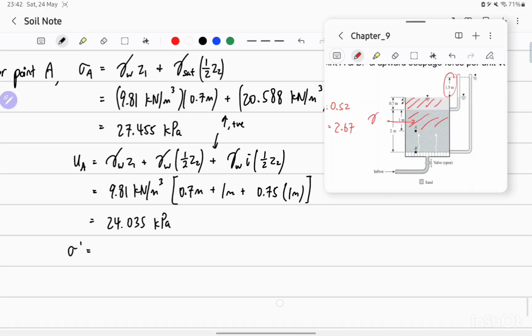Then the effective stress will just be the total stress minus pore pressure.